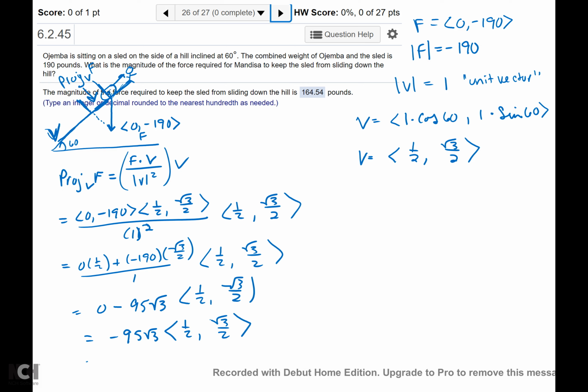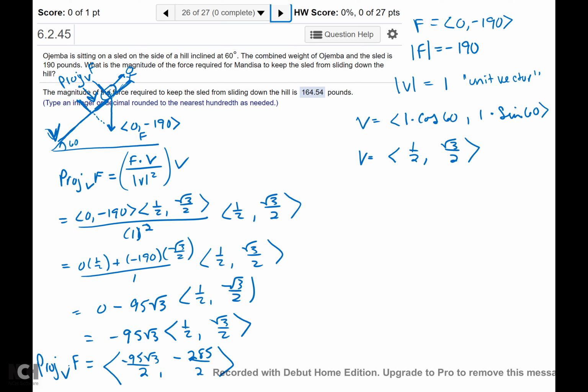Distribute that, and my components are negative 95 square roots of 3 over 2, and negative 95 square roots of 9, which is negative 285 over 2. Okay, so there would be my projection of F onto V.